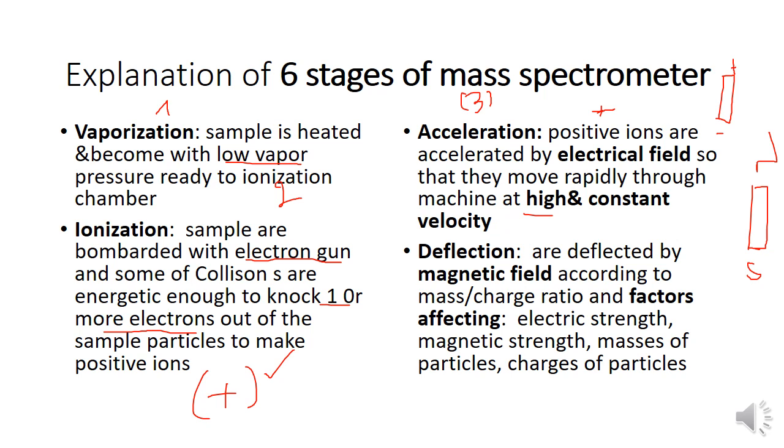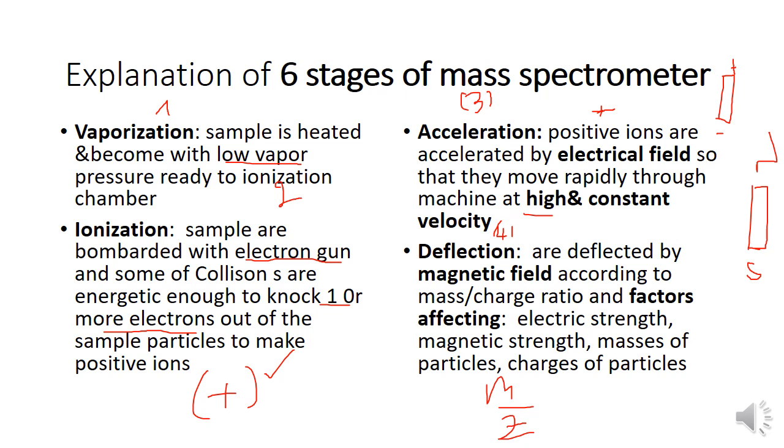After these three chambers, we go to the fourth chamber, called deflection. If you understand deflection, you immediately have to understand mass over charge relation. I think in the previous slide we discussed this mass over charge relation.